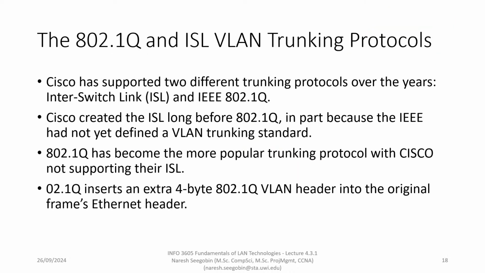It uses the IEEE 802.1Q protocol, or before that it used to be called ISL, the inter-switch link from Cisco. Cisco created this protocol first, and then IEEE took it and extended it into 802.1Q. Now 802.1Q is the standard, and eventually ISL, which is Cisco's own, has become deprecated and they stopped using it.